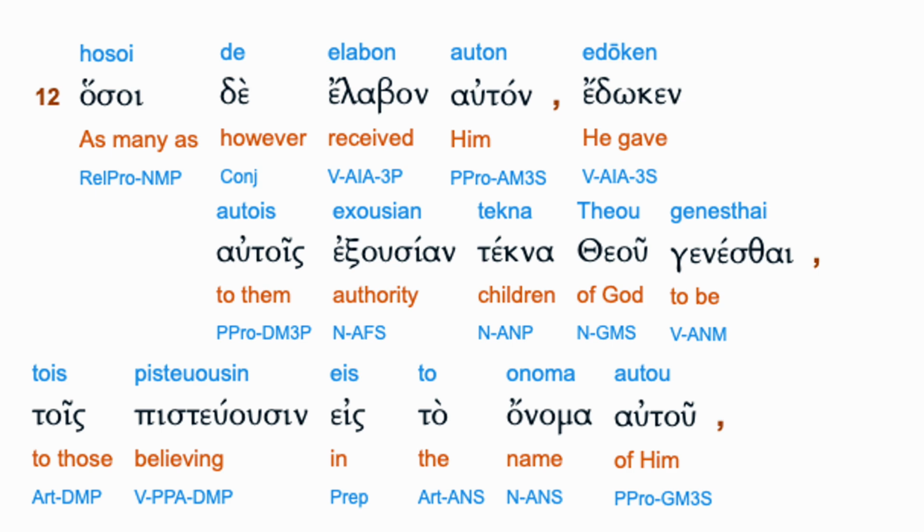But we know that it's genitive because it's got that omicron upsilon with a circumflex over the epsilon. And genesthai. And the last line, to those, a definite article there, tois, believing in him, believing in the name of him, I should say.